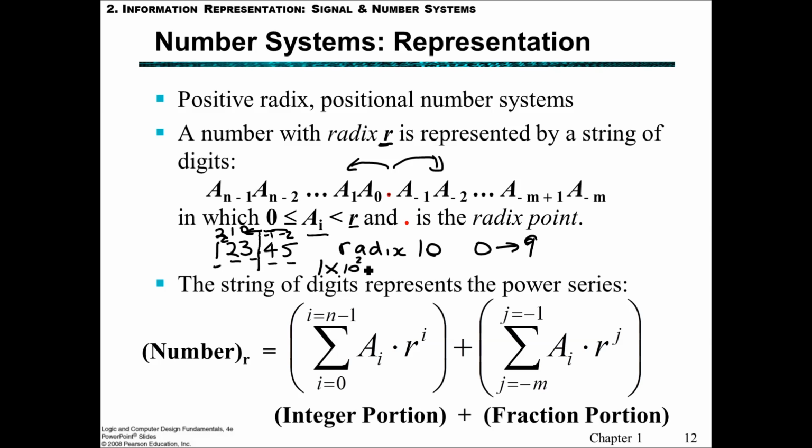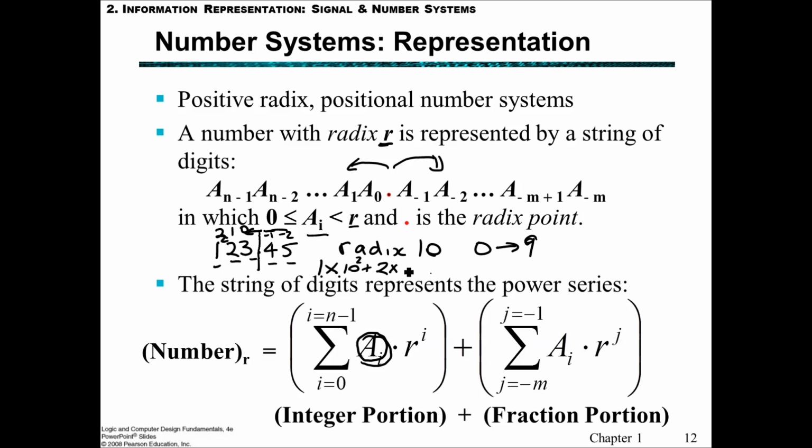And then we can put this together in this way, 1 times 10 to the 2, like this. The number a_i, so for example, where i is 2, then a_i is 1, and the radix is 10. So we have 1 times 10 to the 2 plus a_i, where i is equal to 1, is 2.